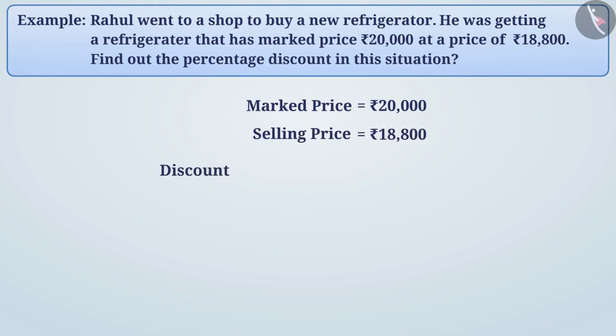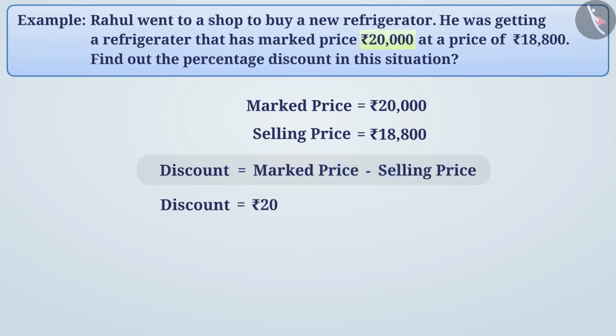To find the discount, we subtract the selling price from the marked price. Discount is equal to marked price minus selling price. Discount is equal to 20,000 rupees minus 18,800 rupees. With this, we get a discount of 1,200 rupees. Hence, the discount is 1,200 rupees on the marked price of 20,000 rupees.